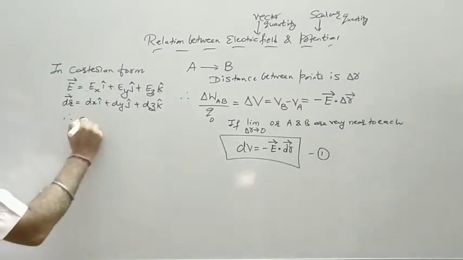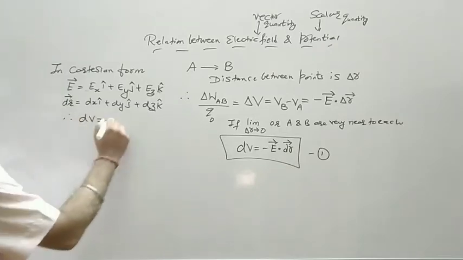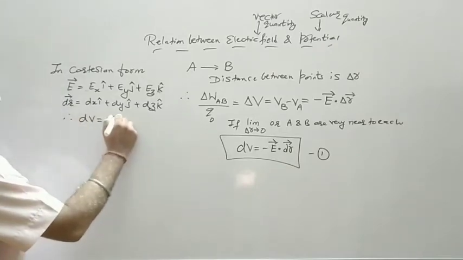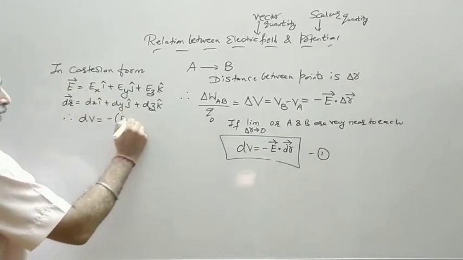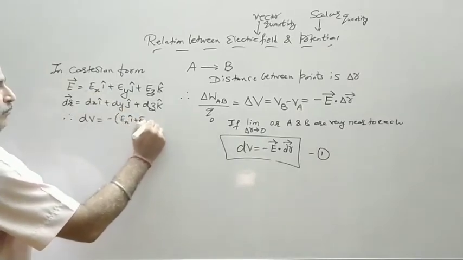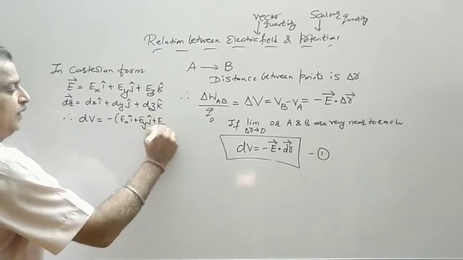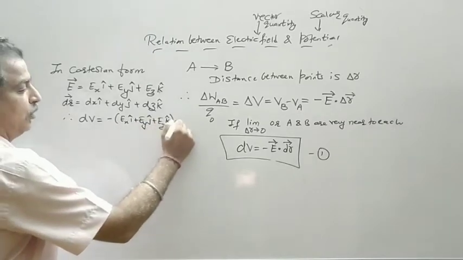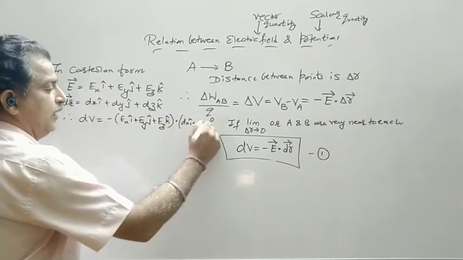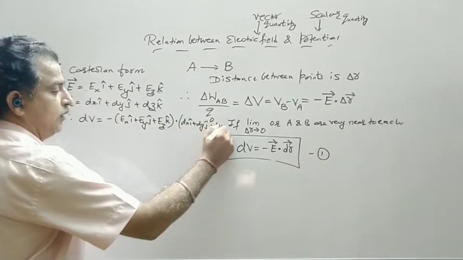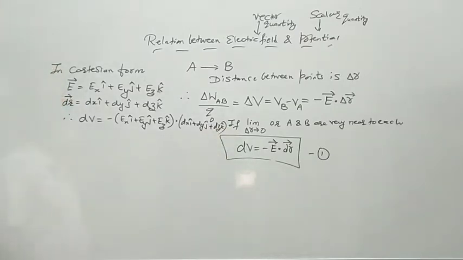So therefore dV can be written as minus, now in the place of E vector, Ex i plus Ey j plus Ez k dot dx i plus dy j plus dz k. Now it is a dot product.